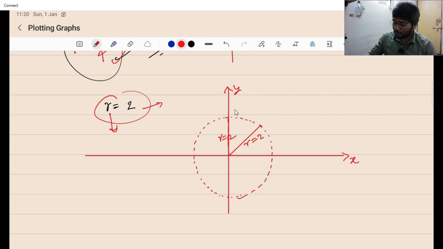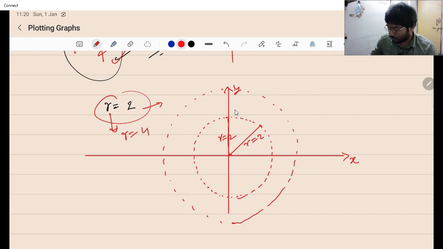This is r equals 2. Similarly, if it is given r equals 4, how will you draw it? You will draw a circle of radius 4. So this is the r equals 4 curve, and this is the r equals 2 curve.